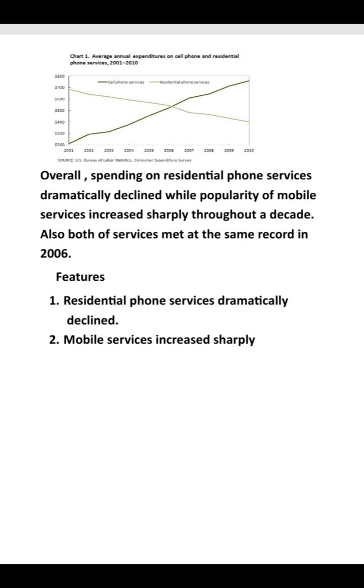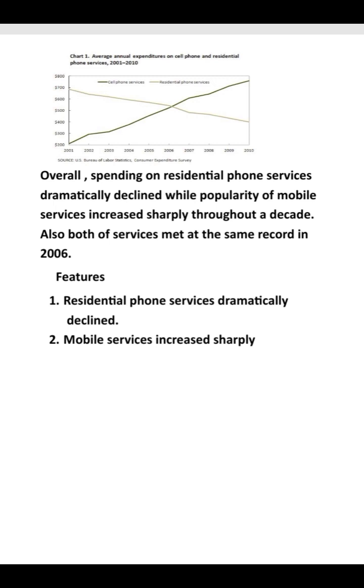Let's write the overview. Looking at the graph, our overview looks like this. Overall, spending on residential phone services dramatically declined while popularity of mobile services increased sharply throughout the decade. Also, both services were at the same record in 2006.